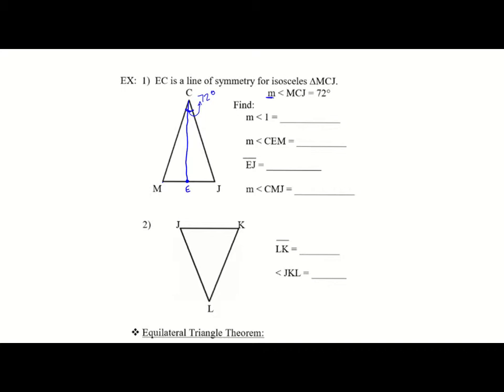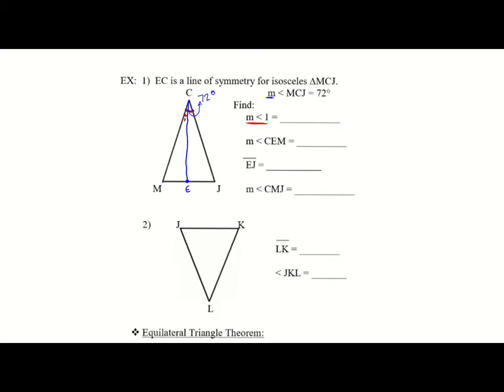Now this first thing they want you to find is the measure of angle 1. And that is not labeled on my diagram, but this is angle 1 right here. So it is just that little piece of the angle. So if I know that this whole thing is 72, I need to remember that one of my theorems of isosceles triangles tells me my line of symmetry bisects this big angle right here.